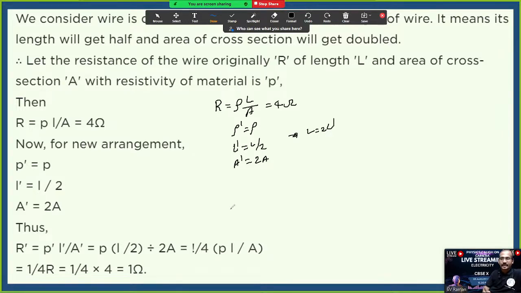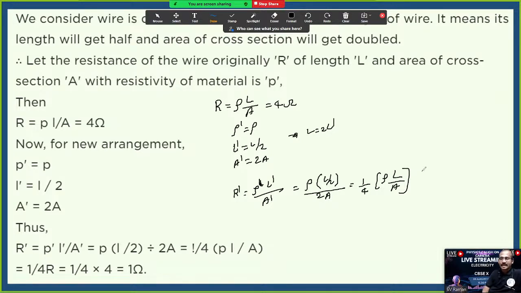Now substitute. R dash is equal to rho dash L dash by A dash. Rho dash is nothing but rho itself, L dash is L by 2, A dash is 2A. We can write 1 by 4th of rho into L by A. So what is rho into L by A?